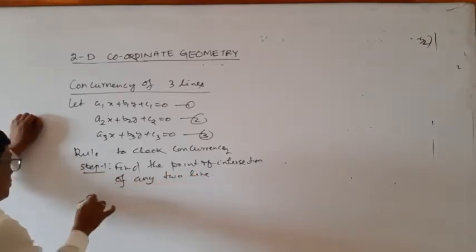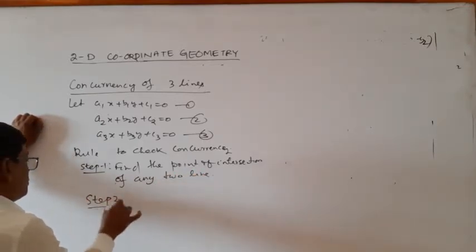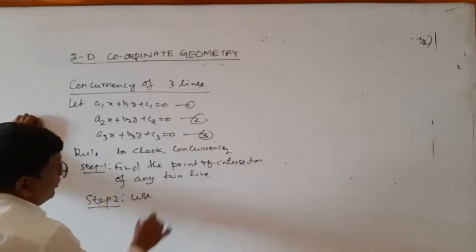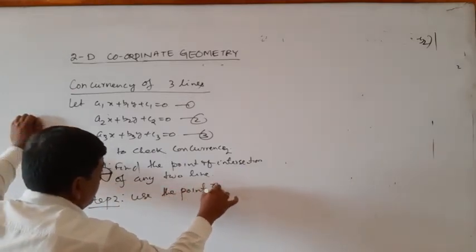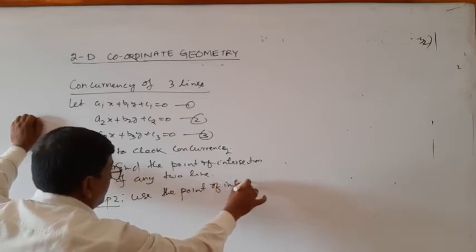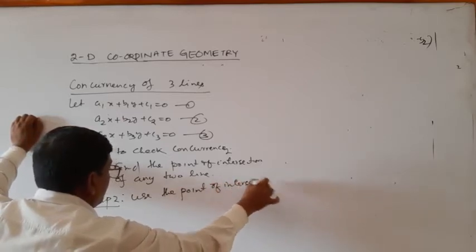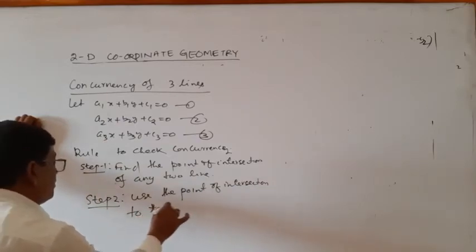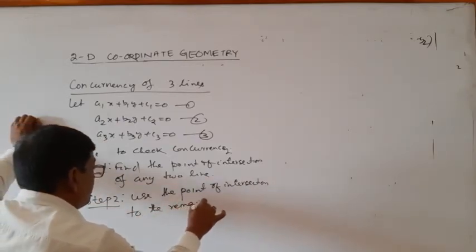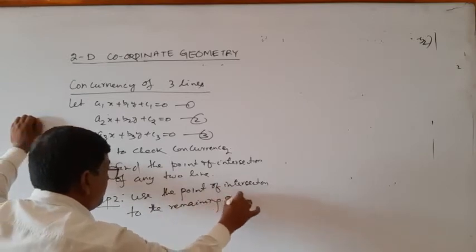Step 2: use the point of intersection in the remaining equation of line.